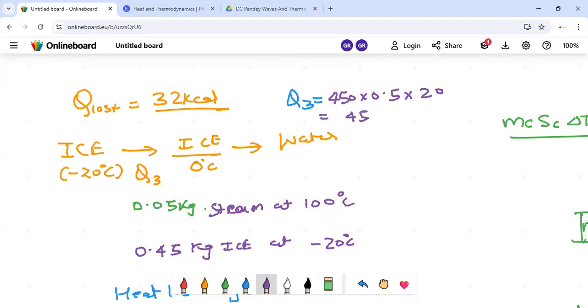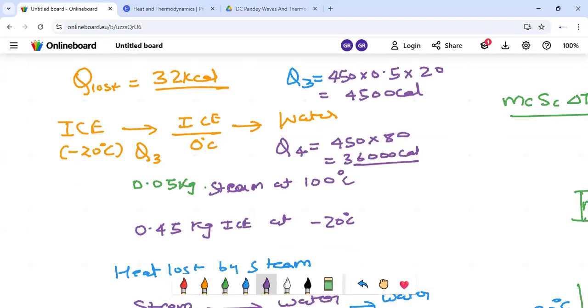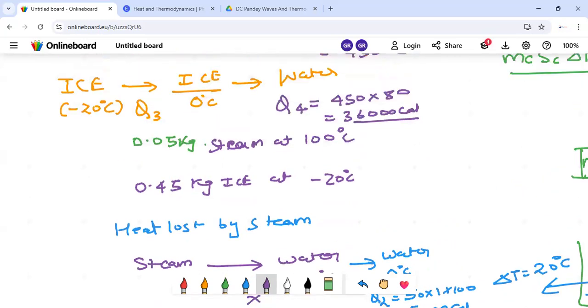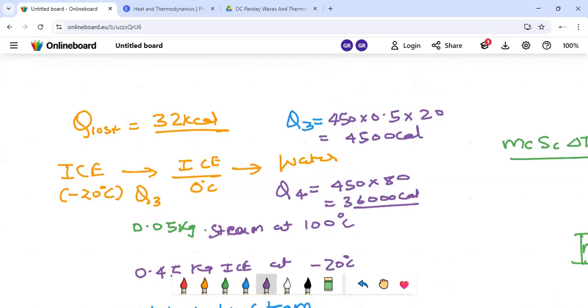So this is 4,500 calorie. And for melting, it will require Q4, which is 540 into 80, and this will be 36,000 calorie. Now, everyone, are we clear with these calculations? How I got 27,000, how I got 5,000, how I got 4,500 calorie, how I got 36,000 calorie.